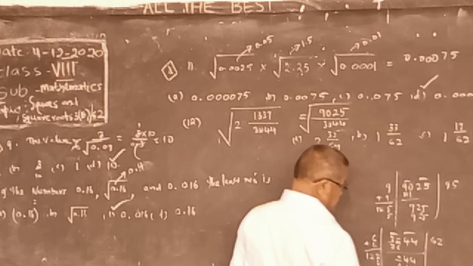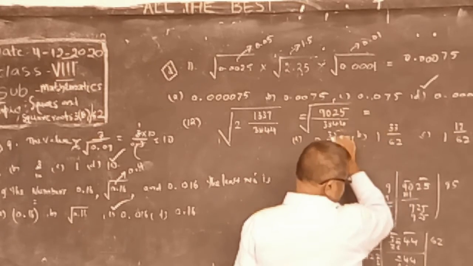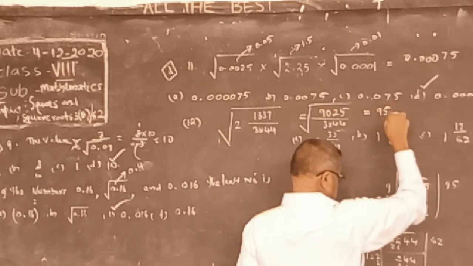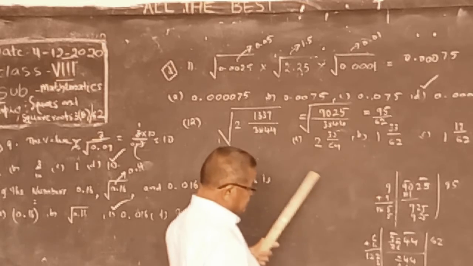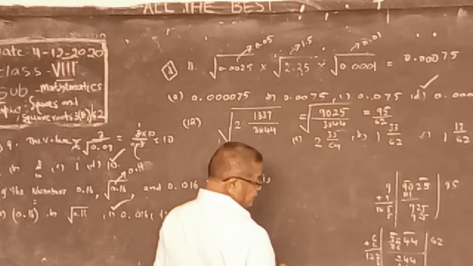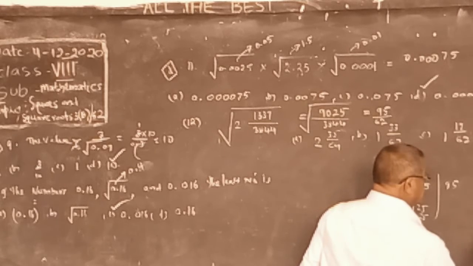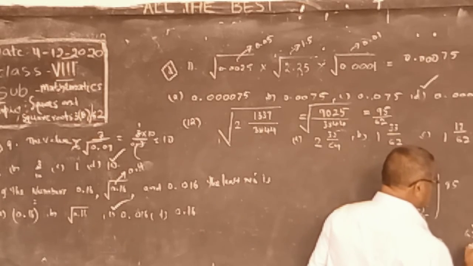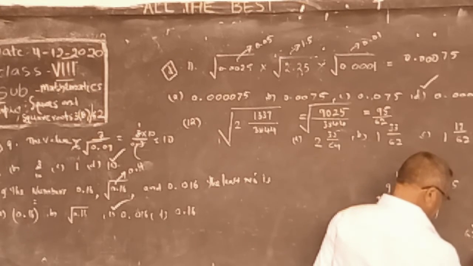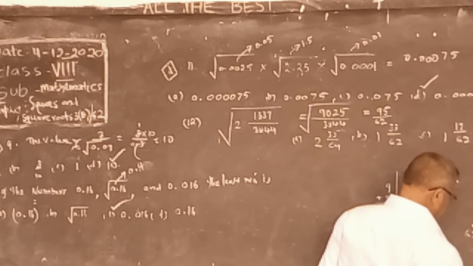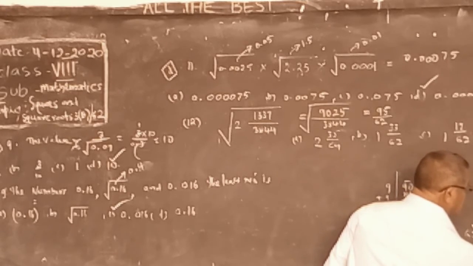So the fraction is 95 by 62, and convert it to a mixed fraction. 95 divided by 62: 1 time 62, remainder 33, so 133 by 62.